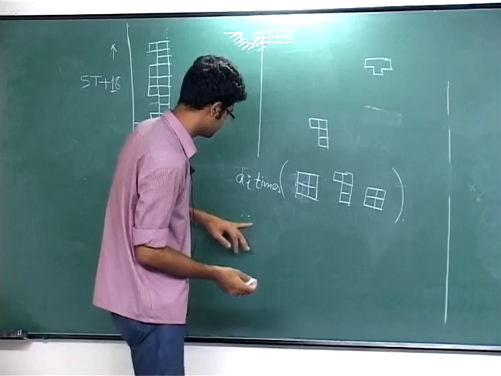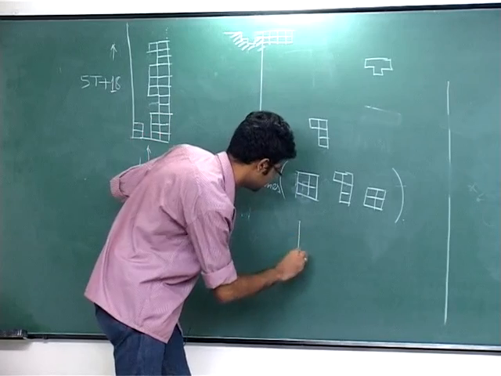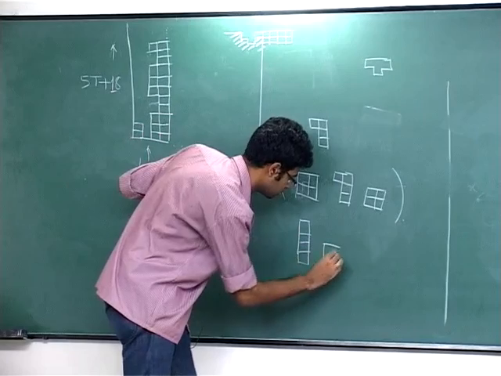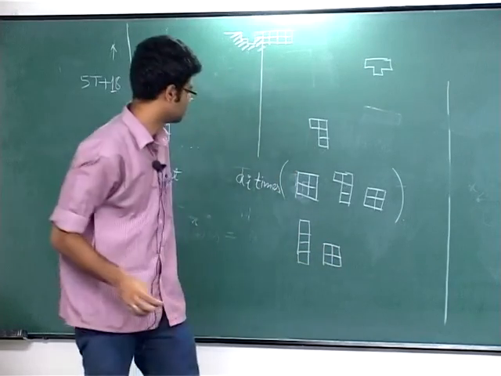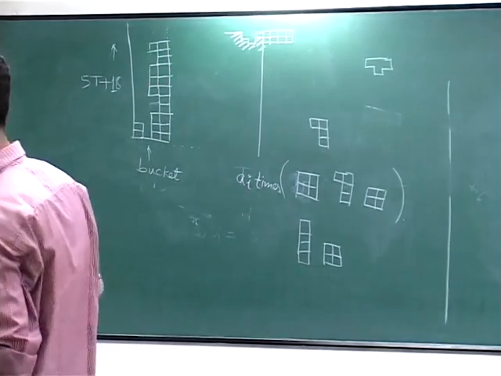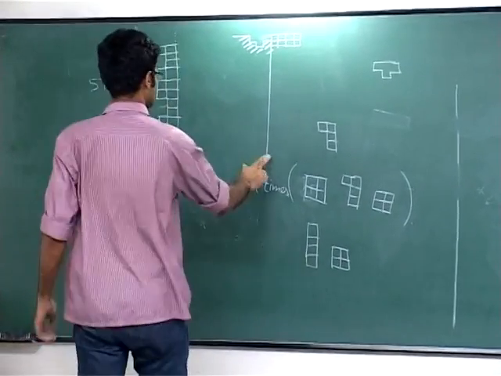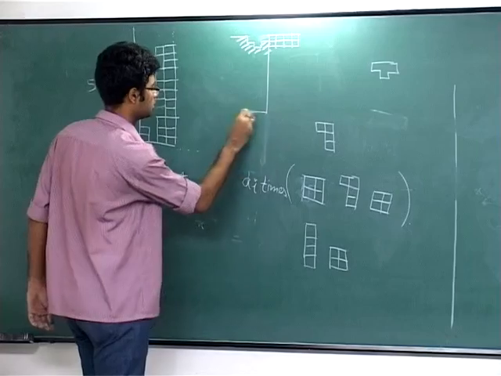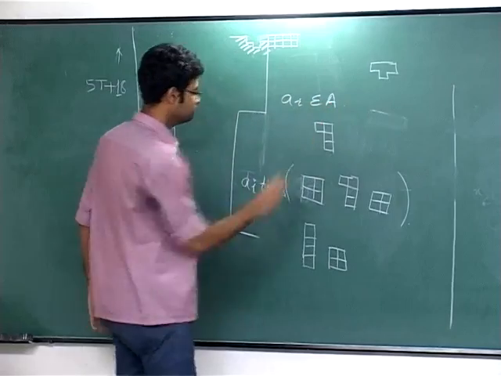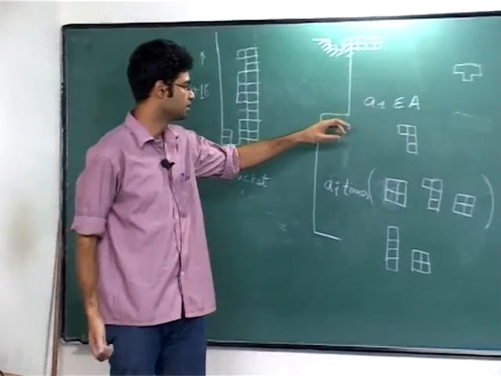And then I would be ending this sequence using two more pieces. And so this is for each of these Ais.